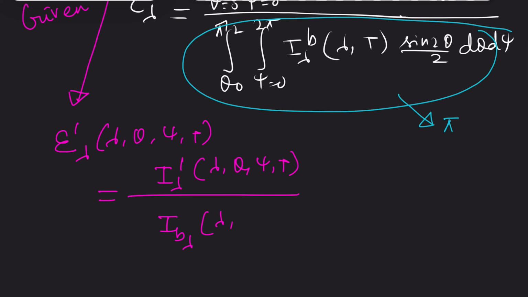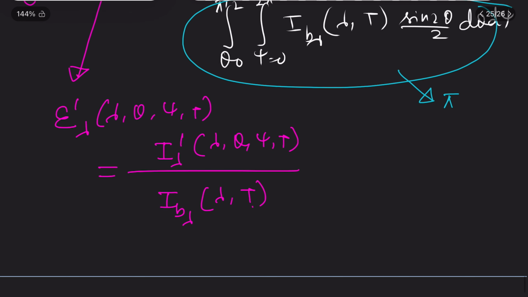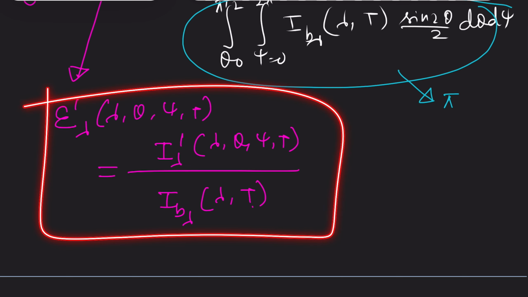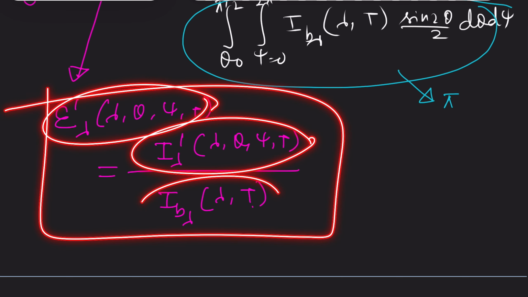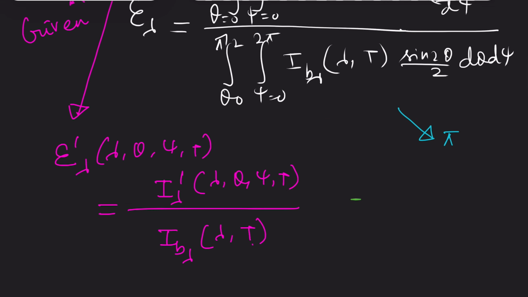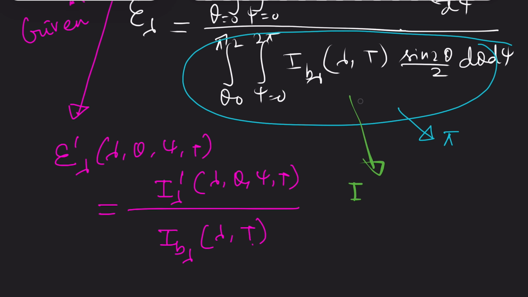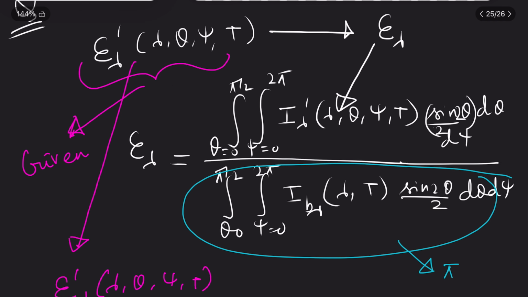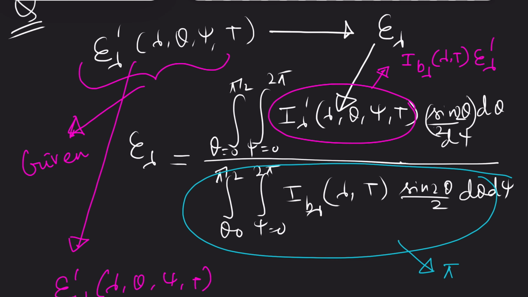Sorry, here also I have written the wrong notation, so IB lambda, here lambda and T. So now you can see that from this equation this is equal to your IB lambda, which is a function of lambda and T, into epsilon this and this.